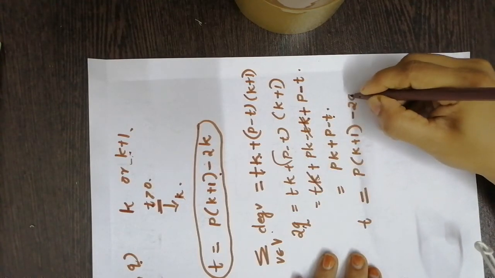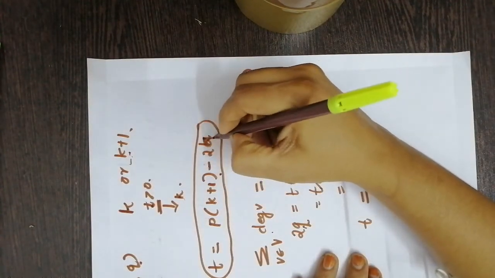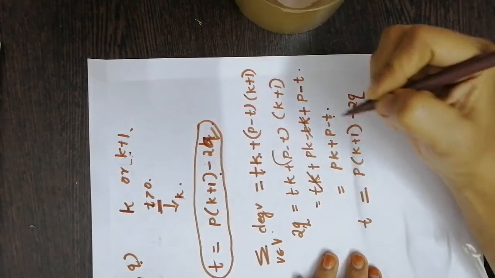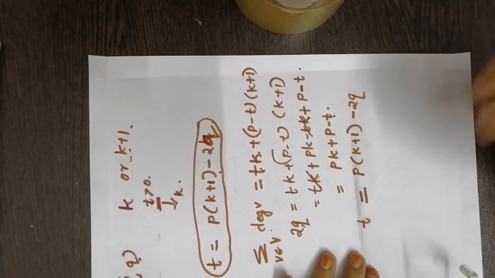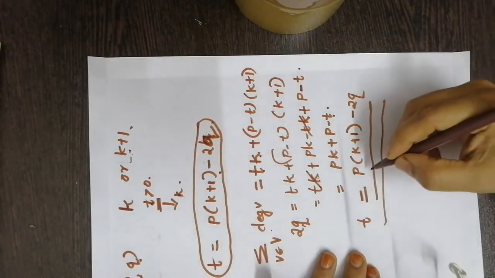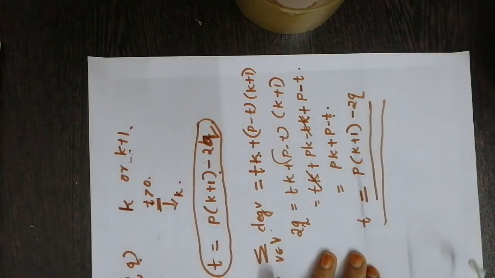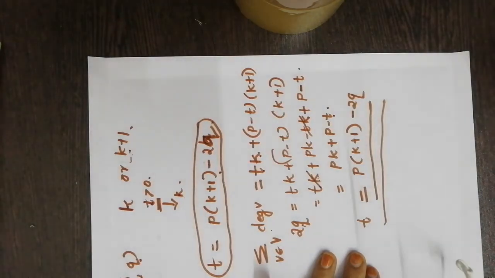Sorry, here not k, this is 2q. So you get t equals p times (k plus 1) minus 2q. I think it is clear to you.